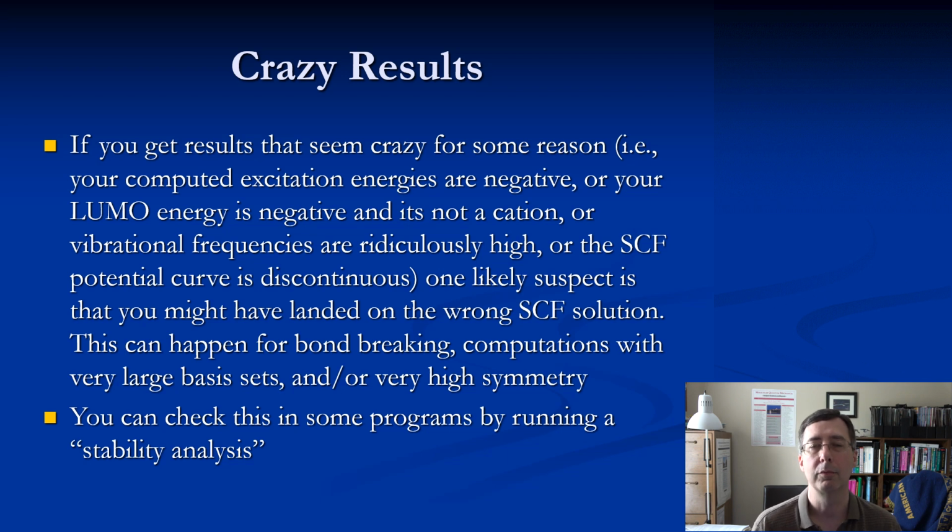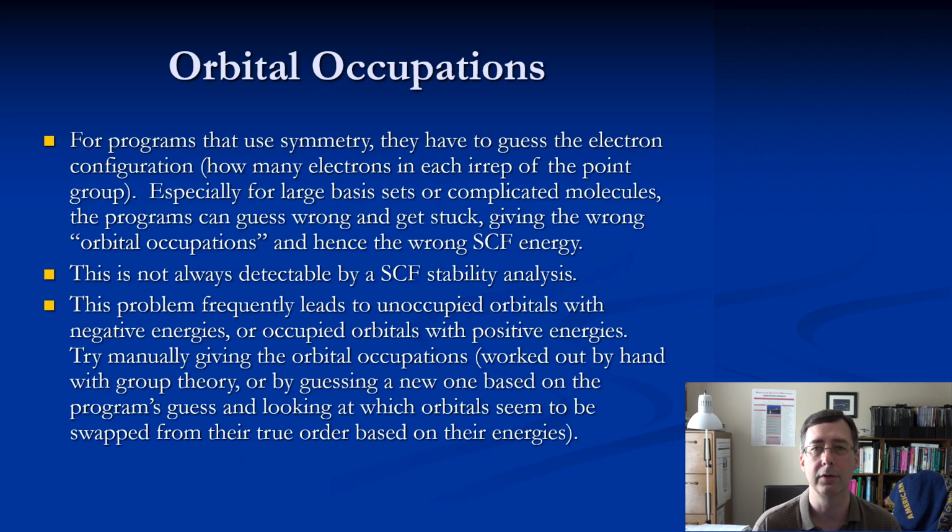A lot of the programs will have eigenvector following, and you want to walk downhill in that orbital rotation space to find a local minimum. Unfortunately, stability analysis won't distinguish whether you're at a global or a local minimum in wave function space, but it will at least let you know if you're at one of these unstable solutions.